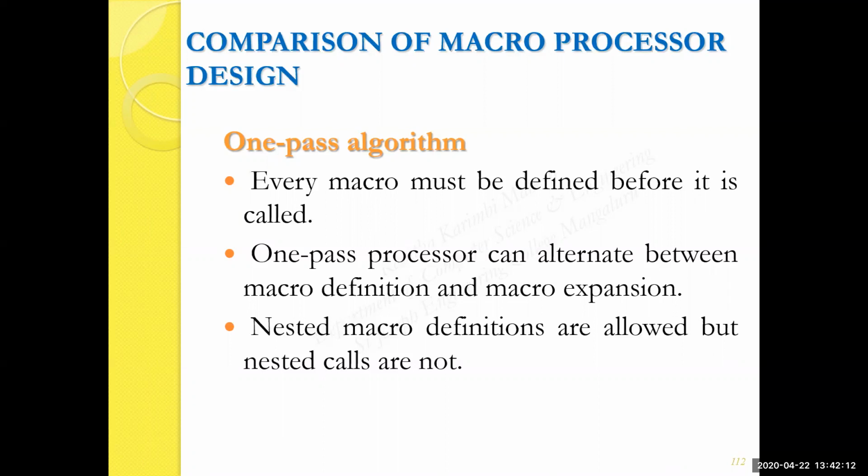A one-pass macroprocessor algorithm has the advantage that it is able to alternate between macro definitions and expansion in a single pass. Also, it is able to handle macro definitions within macro definitions, what are called nested macro definitions. However, it is not able to handle one macro call within another, or nested calls.